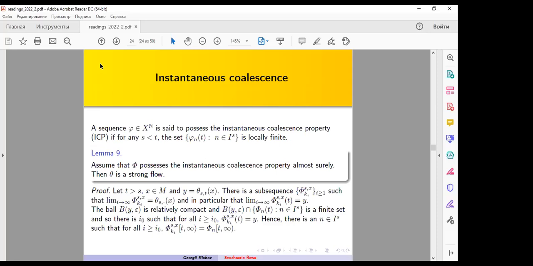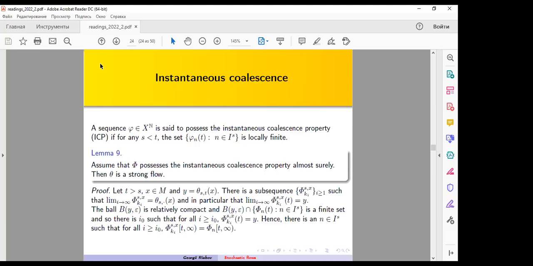It means that in each compact, there are only finitely many points of this set. If we assume that the skeleton possesses the instantaneous coalescence property, then theta is a strong flow.